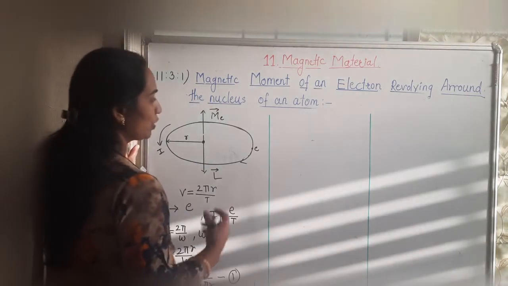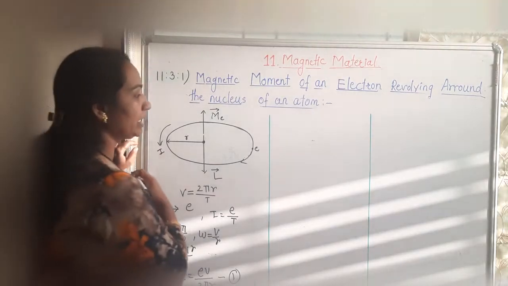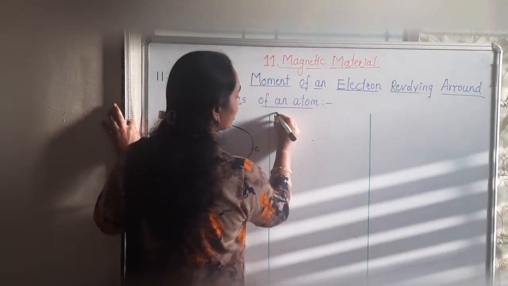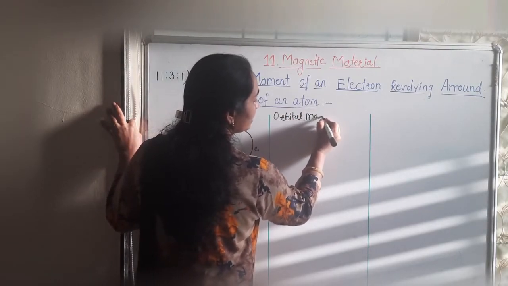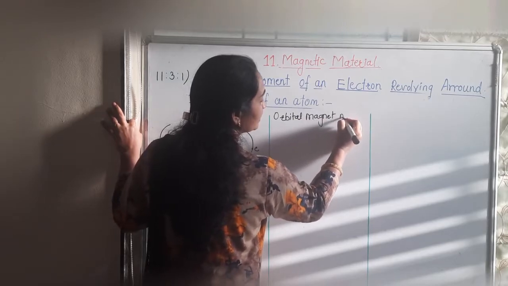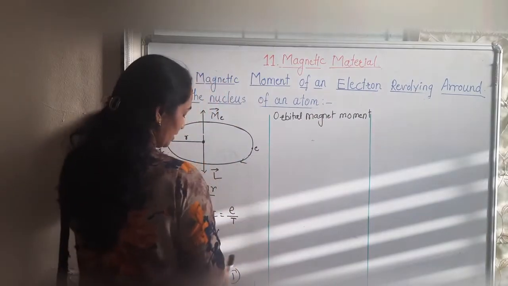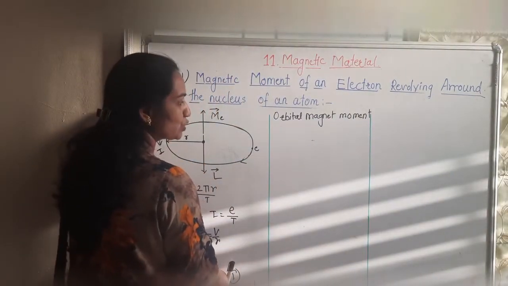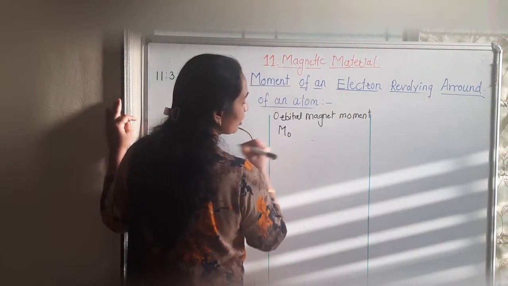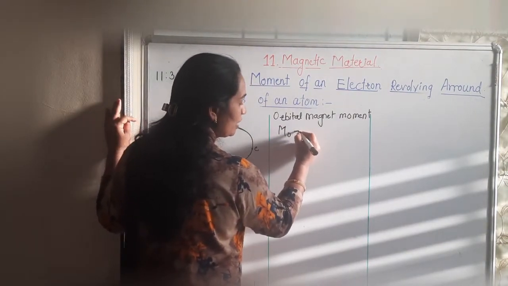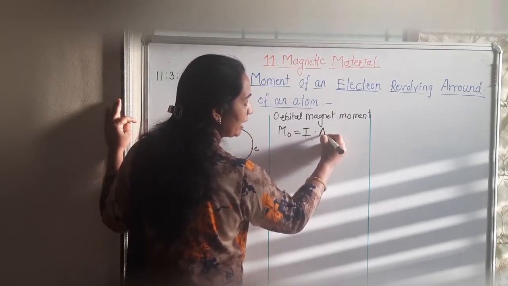Then this electron is associated with an orbital magnetic moment. The symbol for the orbital magnetic moment is m₀, and it is the product of current and area.